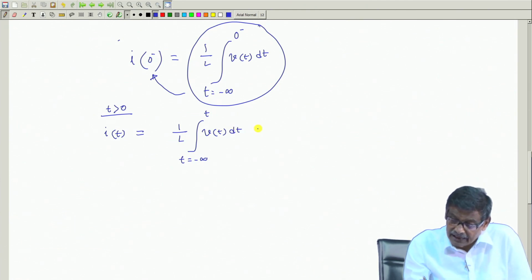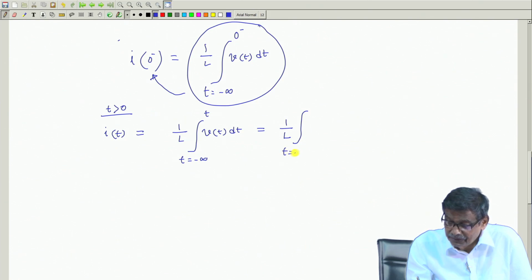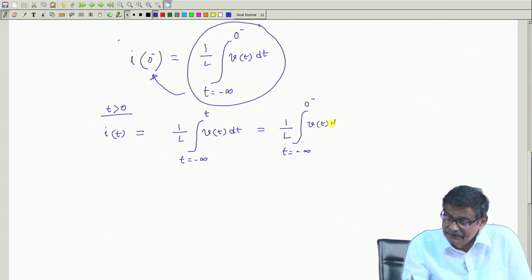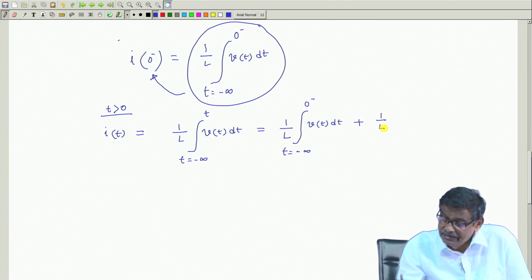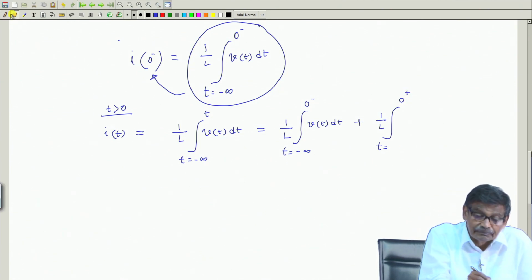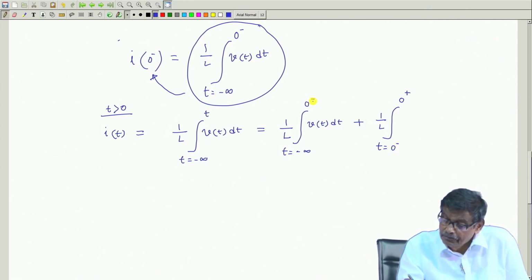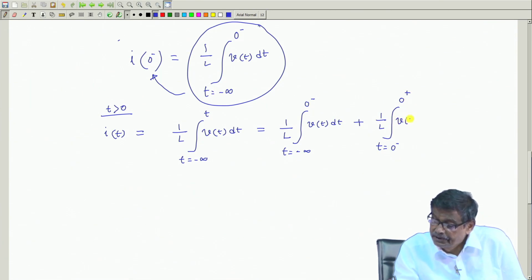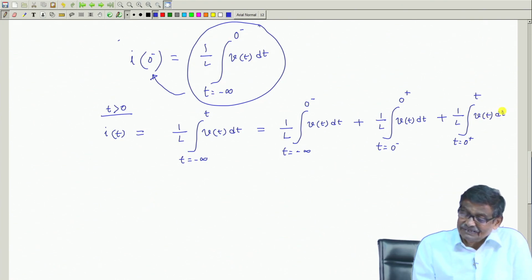This I will now break up into 3 pieces: 1 by L integral from minus infinity to 0 minus of V t dt, plus 1 by L integral from 0 minus to 0 plus of V t dt, and then plus 1 by L integral from 0 plus to t. This is what it looks like.